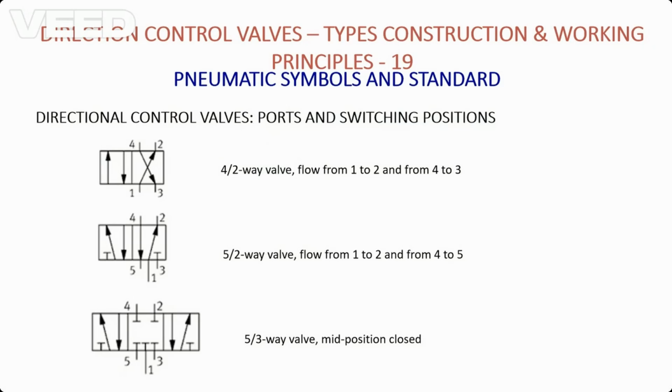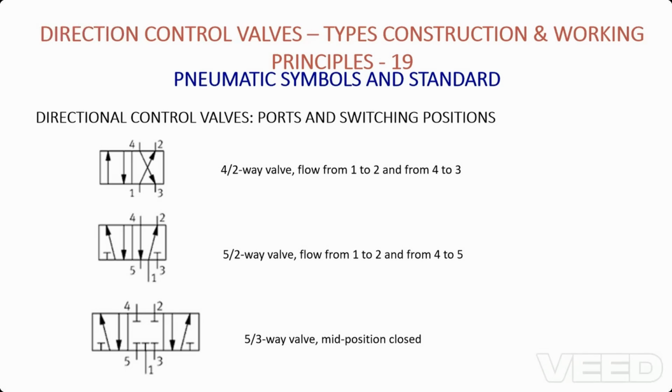The very first symbol which we can see on our screen is called 4 by 2. As I said, this is used for a double acting cylinder. A double acting cylinder has two ports for forward movement and reverse movement, we can say extension and retraction movement of the cylinder. For extension, one port, and for retraction, the other port.